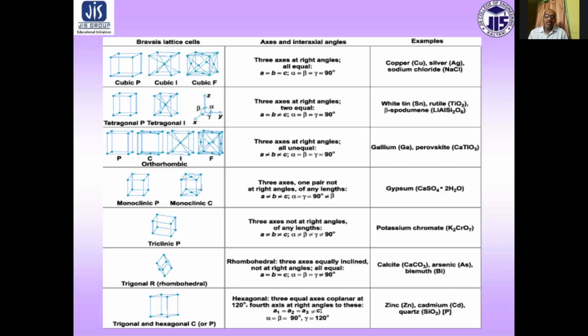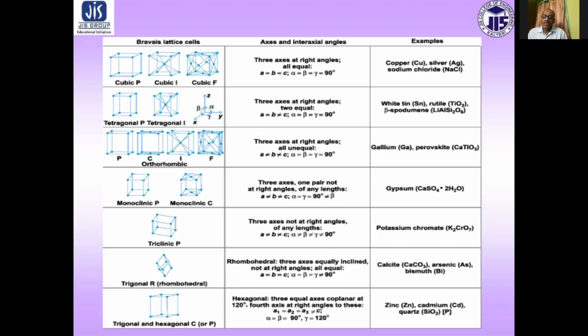So here P type means only the simple monoclinic type, that is 8 corner atoms are there, and in C type, on the upper face and bottom face, 1 extra atom is shared by adjacent planes. Here the characteristic is 3 axes, 1 pair not at right angles, of any length.